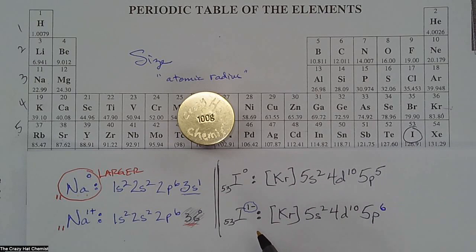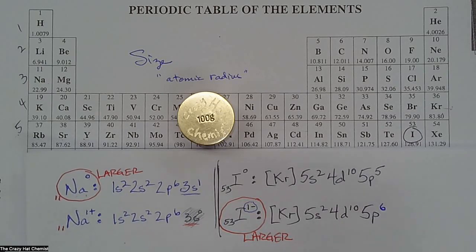So which one is larger in terms of size? That is right here, larger. Okay, and so this is also going to be a trend. And with nonmetals, the ion is always larger. Why?